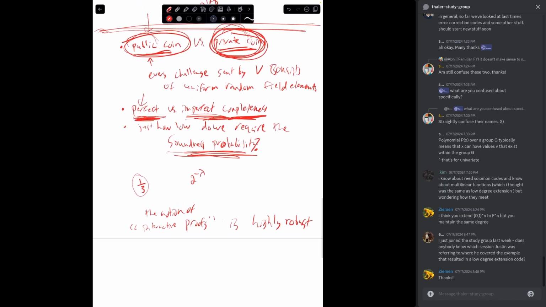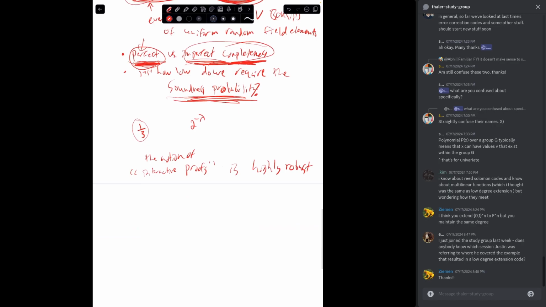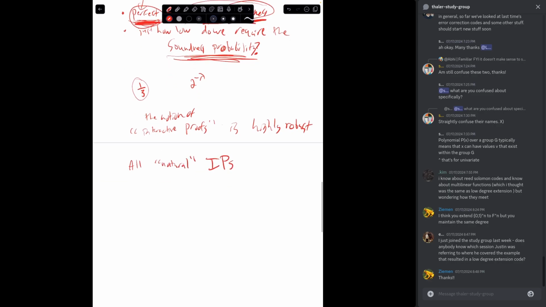All of these results went through transformations. I give you a private coin protocol, I can transform it into a public coin one that solves the same problem. I give you a protocol with imperfect completeness, I can turn it into a different protocol that solves the same problem and has perfect completeness. But it turns out that all natural interactive proofs, which I abbreviate IPs just so I don't have to write out interactive proofs 1,000 times, directly have all these nice properties.